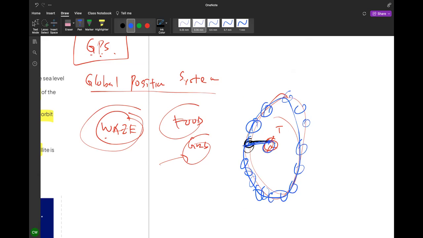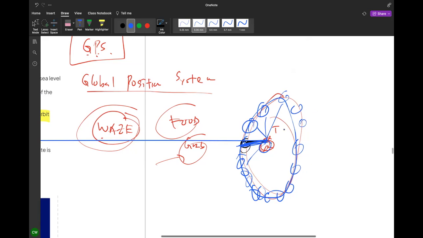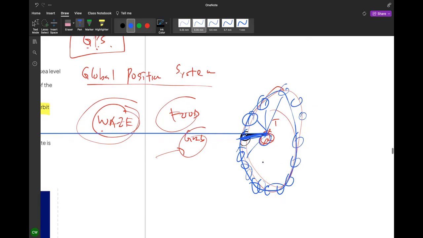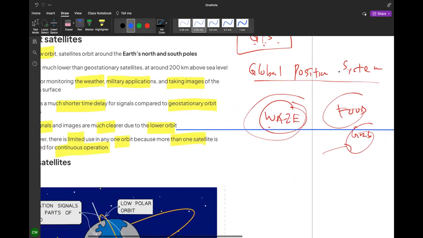That means you establish a connection. The satellite will still be moving and continuing in the orbit, because the satellite cannot wait for you. You stop, the satellite cannot stop.